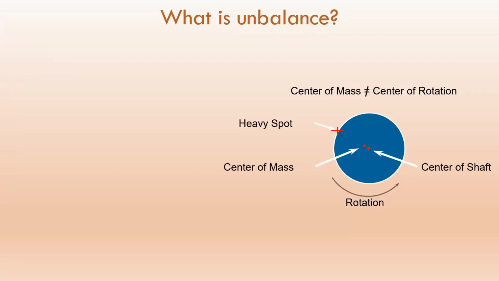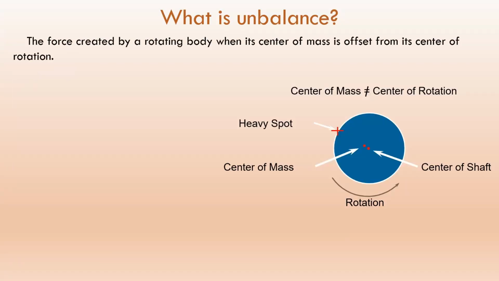Unbalance is the force created by a rotating body when its center of mass is offset from its center of rotation. Unbalance in rotating machinery can occur due to various factors such as 1. Improper assembly. Improper assembly of rotating parts or incorrect installation can introduce unbalance. 2. Material buildup.